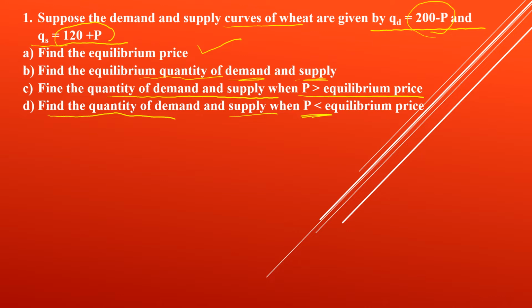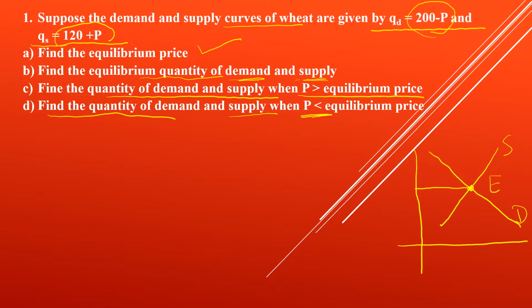We are talking about the equilibrium price and equilibrium quantity. What is equilibrium price? The price at which demand is equal to supply. So this is the equilibrium position where demand and supply curves intersect. By extending this equilibrium position towards the y-axis where price is measured, you can find the equilibrium price.